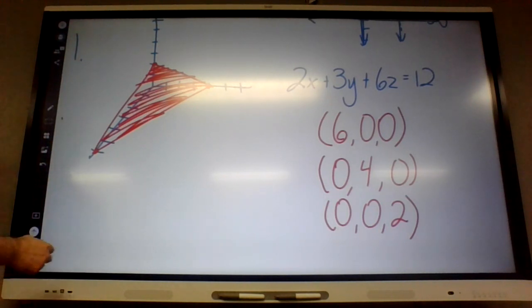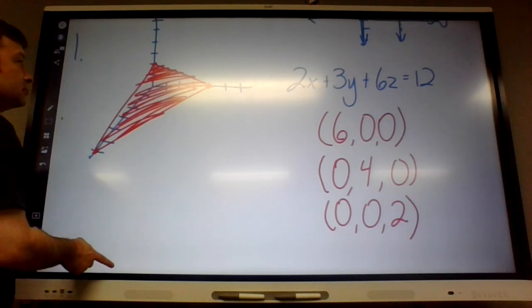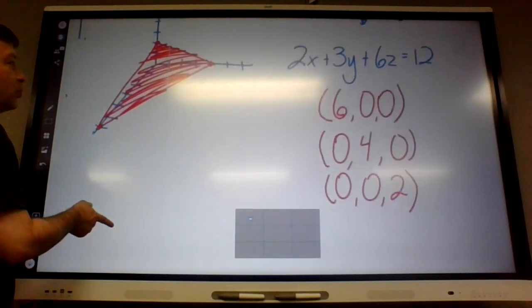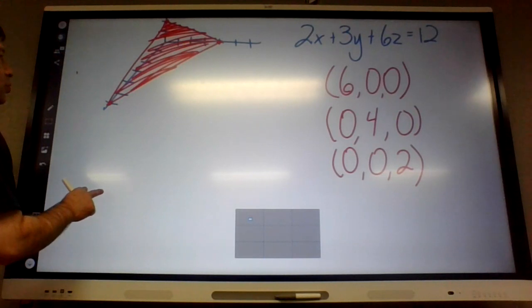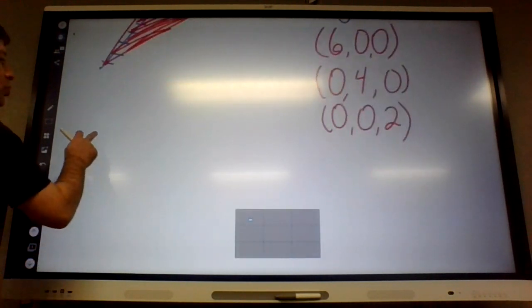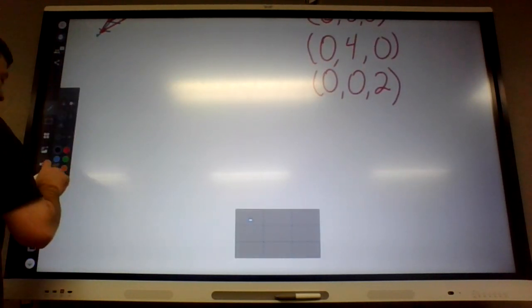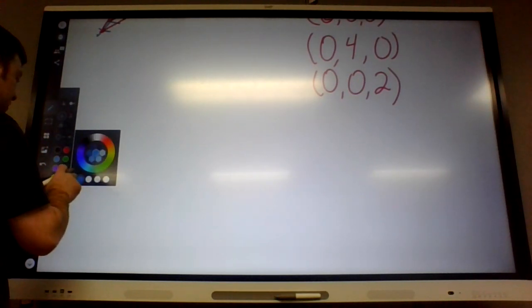Imagination and kind of see the plane. I guess we'll go back. So that's the trick for the first section.